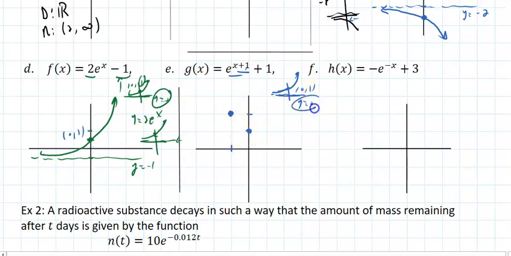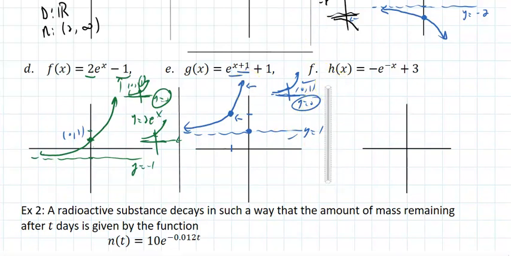And the line y equals 0, if I shift it to the left, stays y equals 0. Shift it up 1 unit, it's really y equals 1. And the shape remains the same. So I need to track 3 things. The shape has to match, whether it's growing or decaying. That original y-intercept, not where this graph crosses the y-axis, we don't care about that. And the asymptote. And pretty much that's all there is to it.